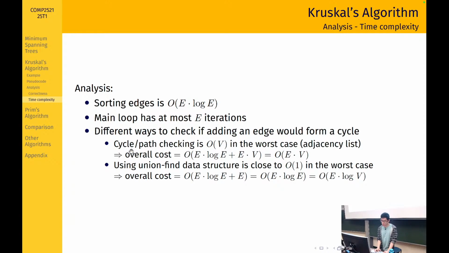Okay, so cycle or path checking is big O of V. And we're performing this cycle or path checking E times at most. So that means the total time complexity is E log E plus E times V, right? E log E for the sorting, and then E times V. Okay, and that simplifies to big O of E times V. Okay, and that's because log E is smaller than V.